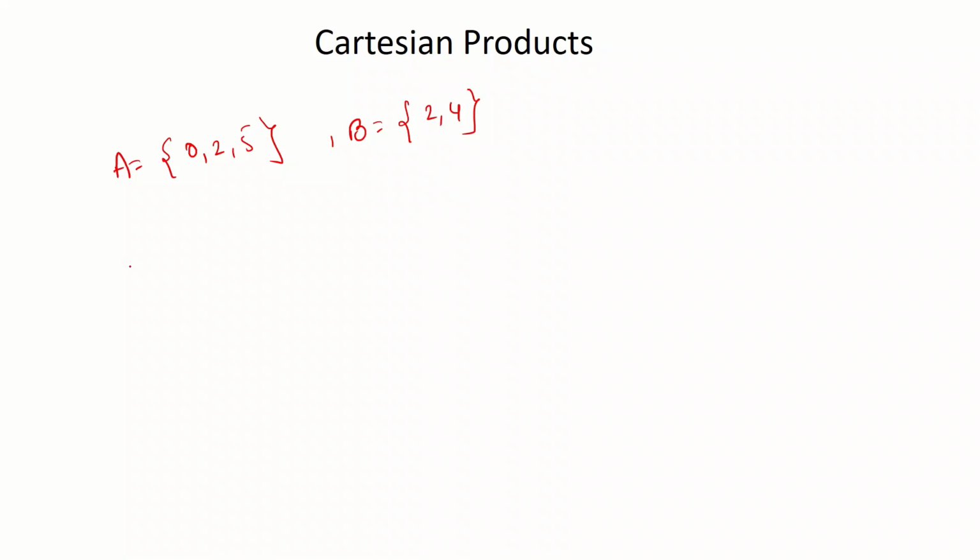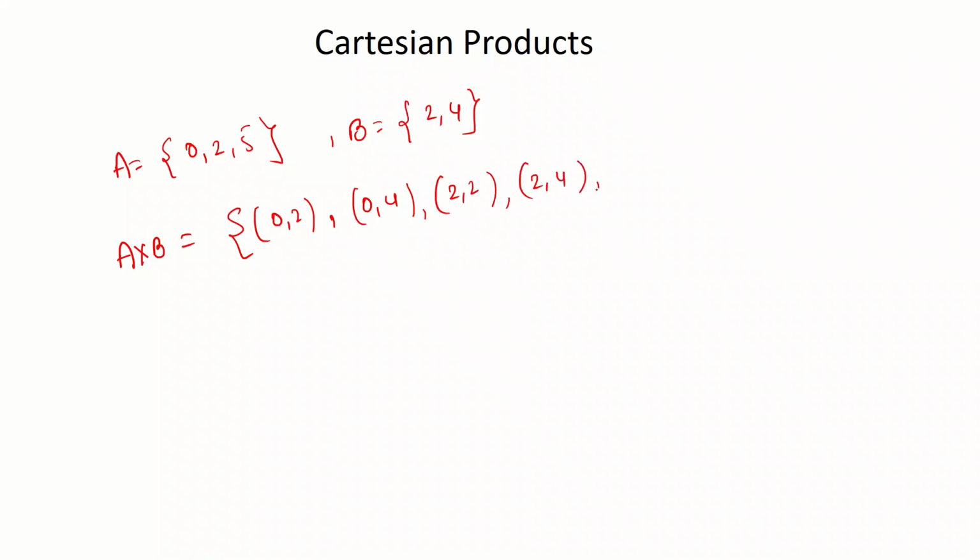So the Cartesian product of these two sets A and B is denoted as A cross B, and we'll be writing it down as (0, 2), this is our first pair, (0, 4), this is our second pair, (2, 2), this is our third pair, (2, 4), (5, 2), and finally (5, 4). So these are the elements present in the Cartesian product of A and B.